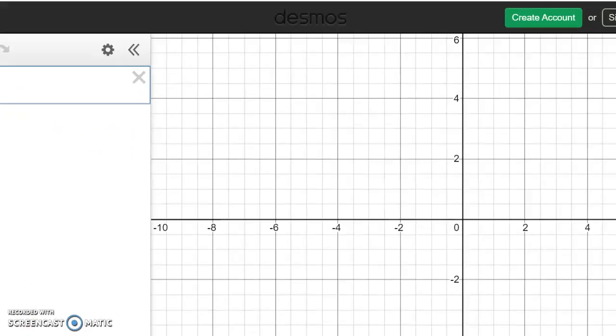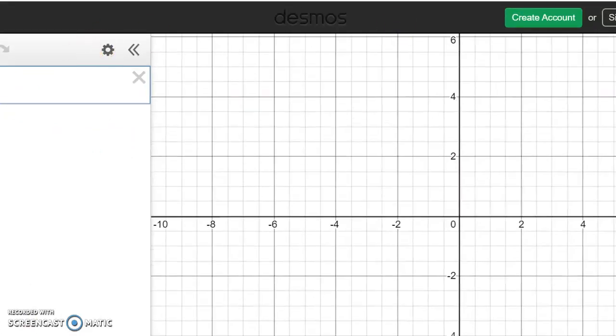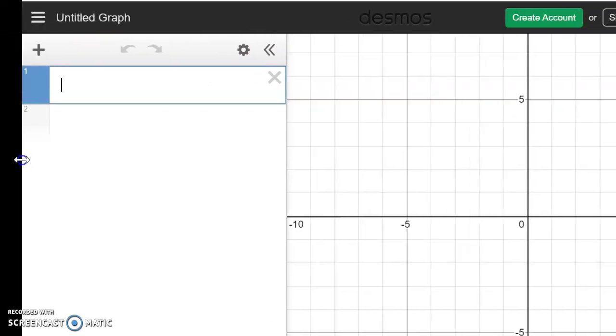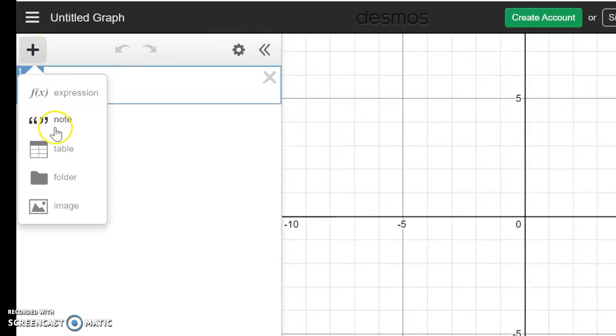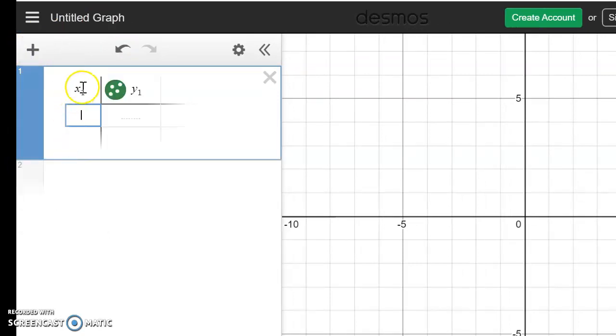To get a table of values in Desmos, I can just click on table in the top right hand corner. I'm just going to make this x, and I'll change my y to reflect the function.